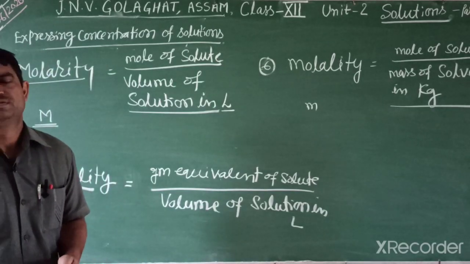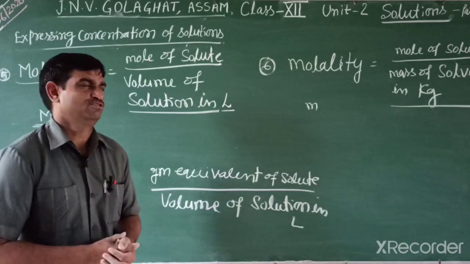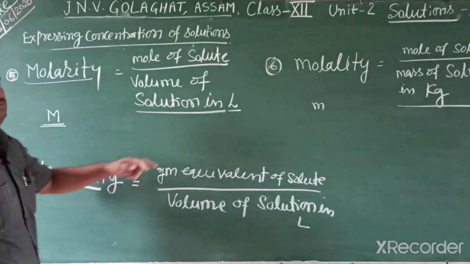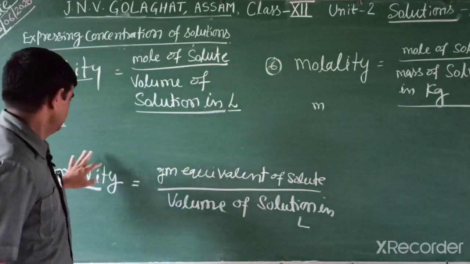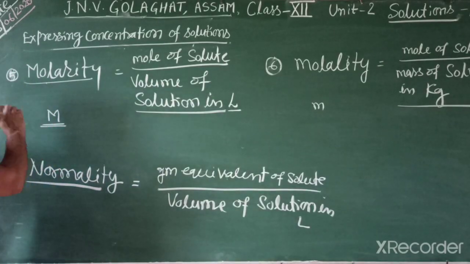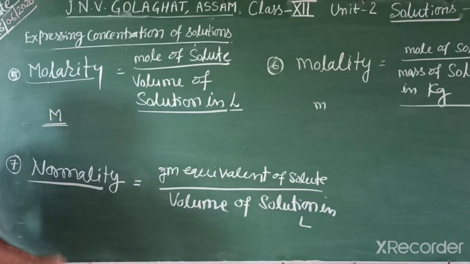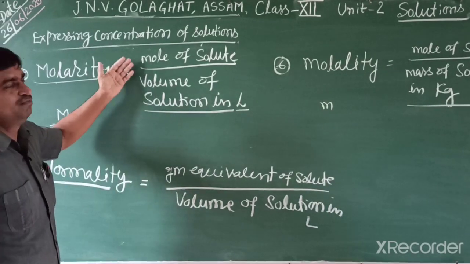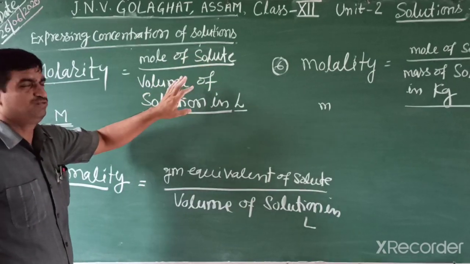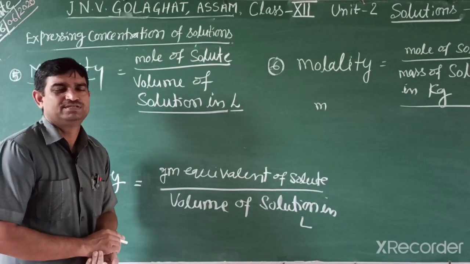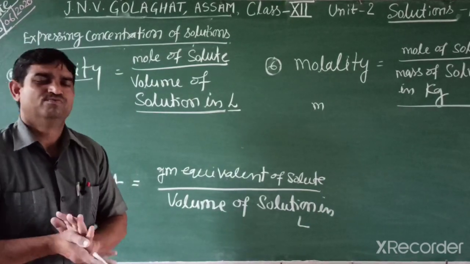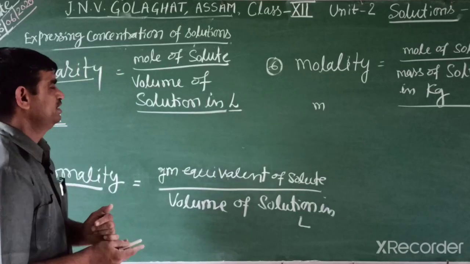Students, next in expressing concentration of solution, the main terms are molarity and normality. We will explain these also. Molarity is denoted by capital M, and it is the number of moles of solute dissolved per volume of solution in liters. It means how many moles of solute are dissolved in 1 liter of solution. That is known as molarity.